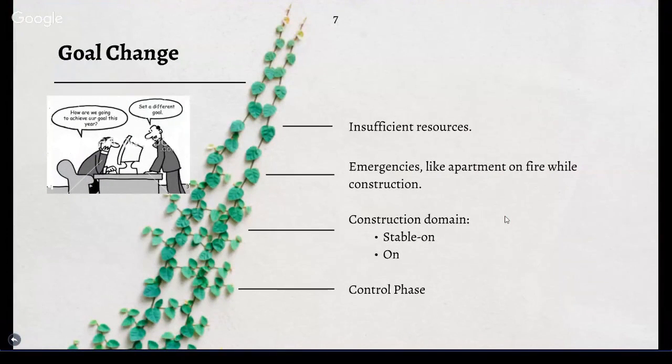That was the goal selection operation. And the goal change operation is currently implemented in MIDCA whenever MIDCA is out of resources, or whenever MIDCA encounters any emergency situations like the tower being on fire or something like that. Even this is implemented in the construction domain.